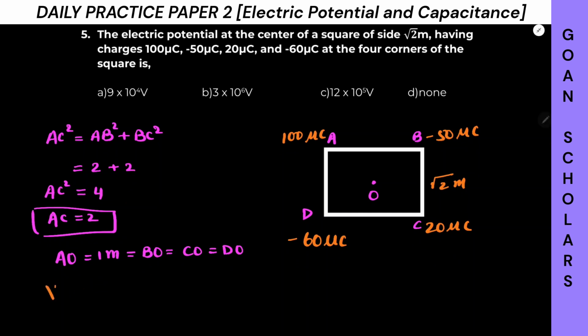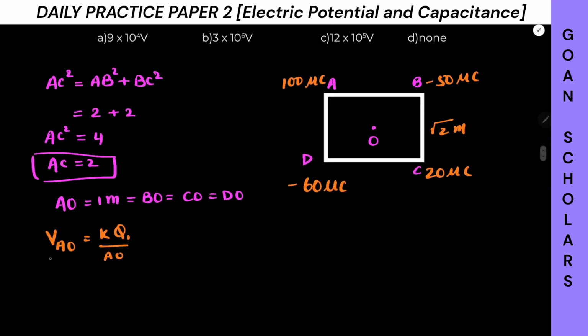Let's find the potential. Potential V due to A at O will be equal to K Q1 upon AO, correct? Potential VBO will be equal to K Q2 upon BO.